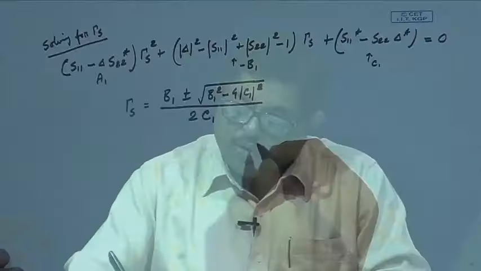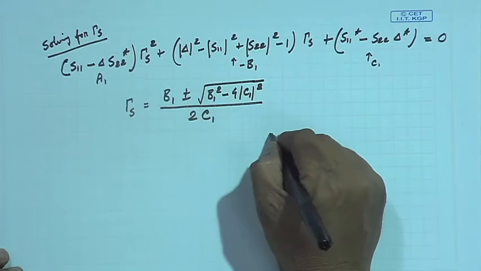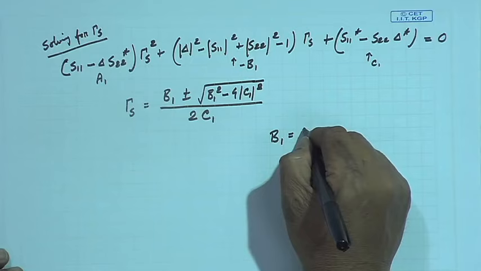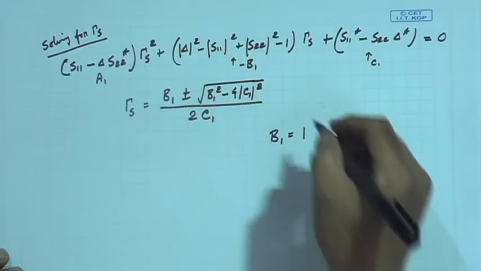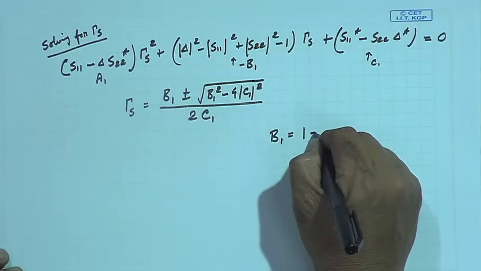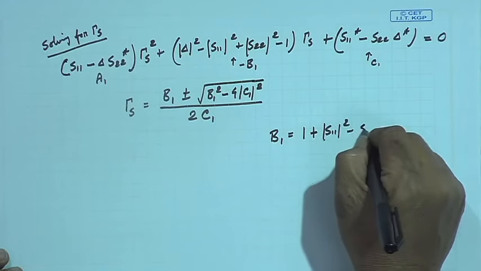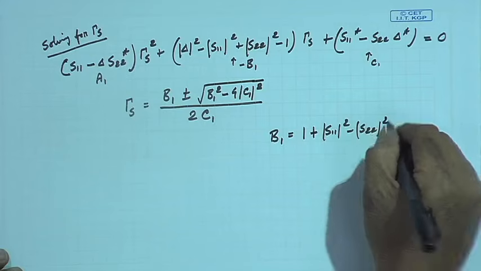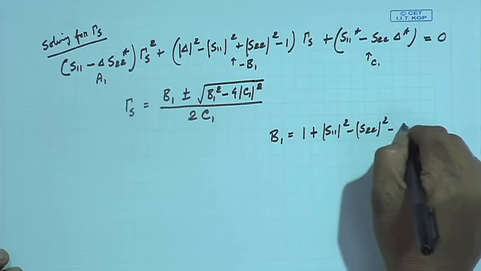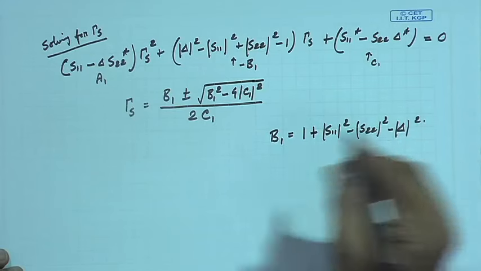Now I should write what B1 is, since this is minus B1. So B1 will be 1 plus S11 square minus S22 square minus delta magnitude square.